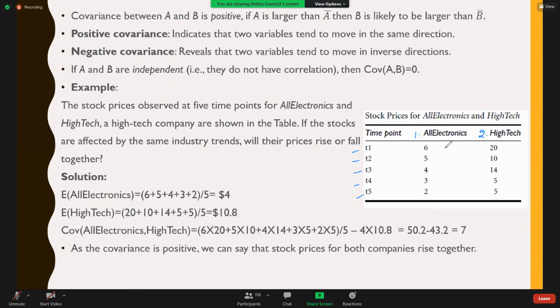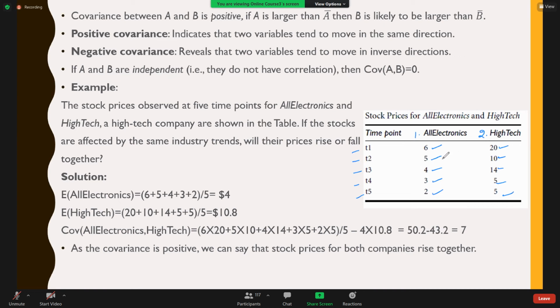If the stocks are affected by the same industry trends, these are the stock price values for All Electronics Company, and these are the values for High Tech Company. Will the prices of these two companies rise together or fall together?